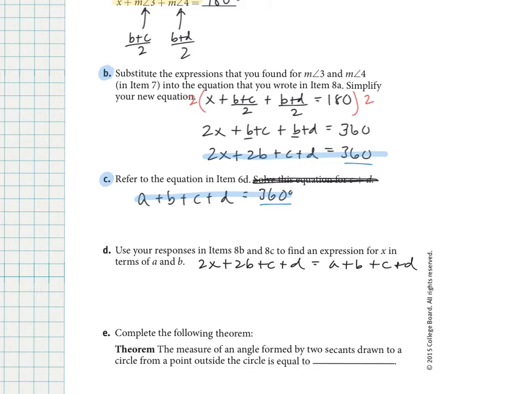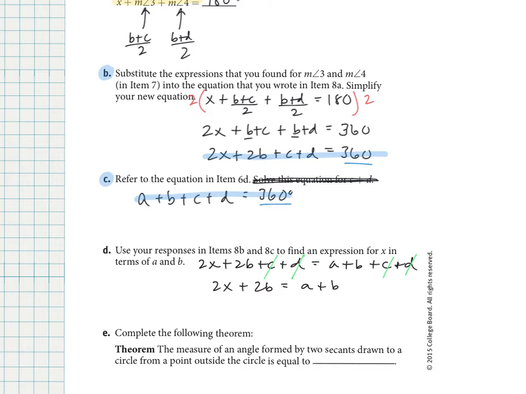So we can see on both sides, they both have a C and a C. So if I subtracted the C's, they would actually cancel each other out. So I'm just going to cross them out. We can do the same with the D's. So look at this. Now we're going to be left with 2x plus 2b equals a plus b.